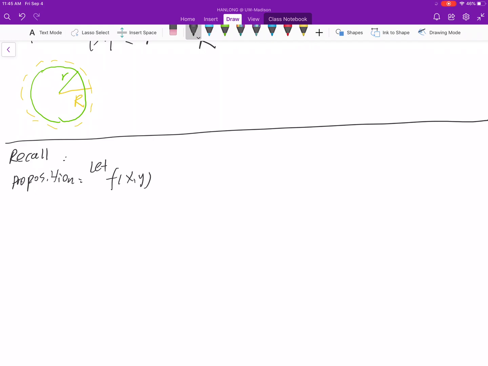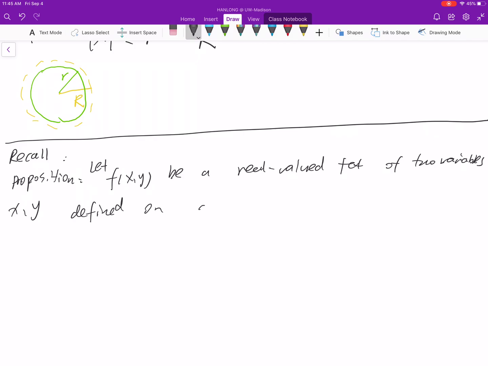Let f be a real valued function of two variables x, y, defined on an open neighborhood U of (x0, y0) in R^2.